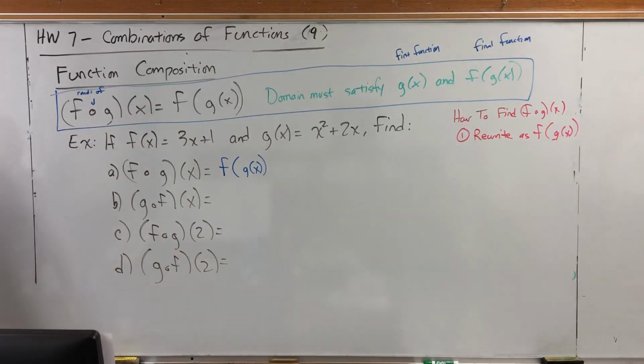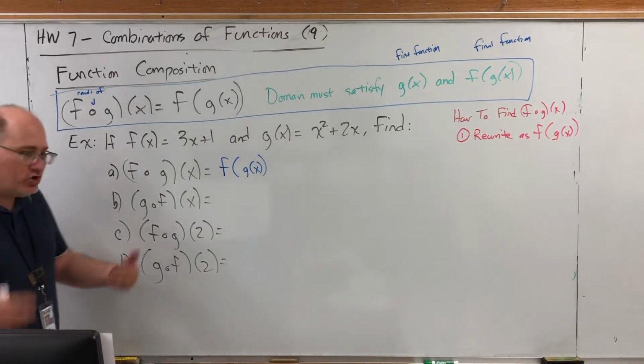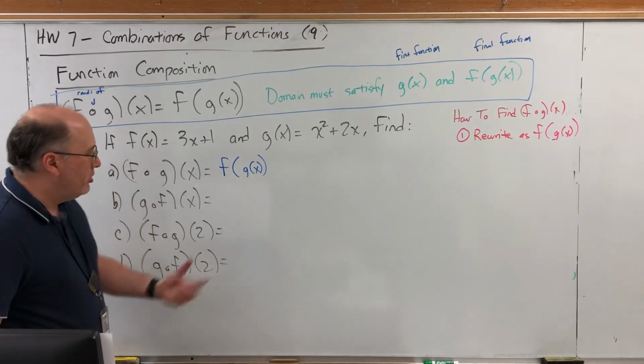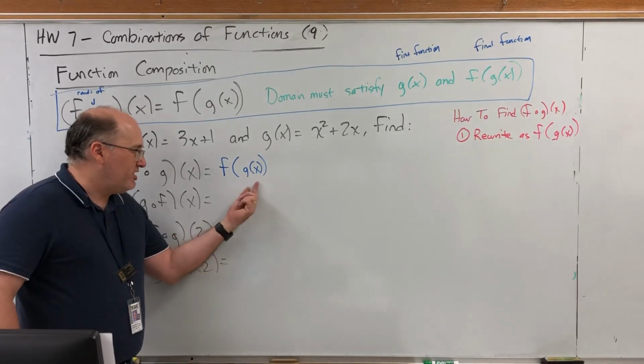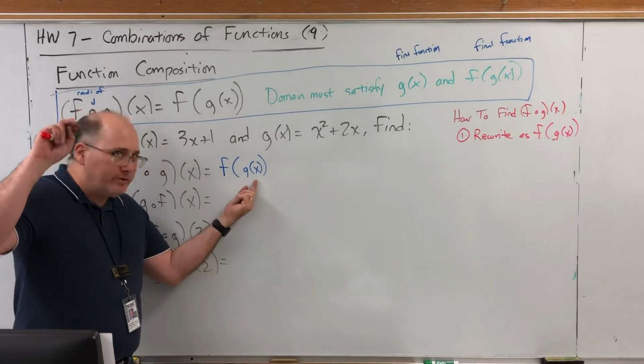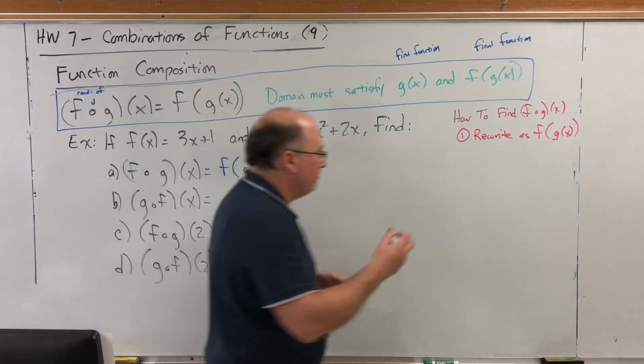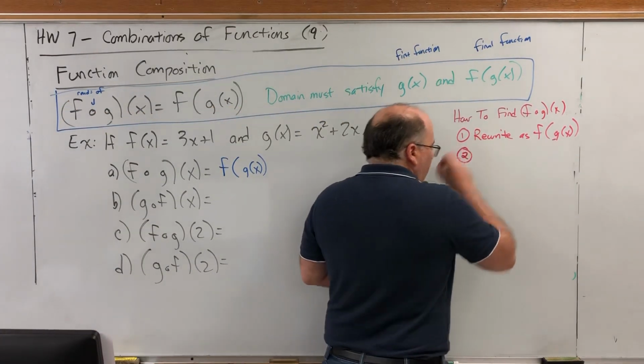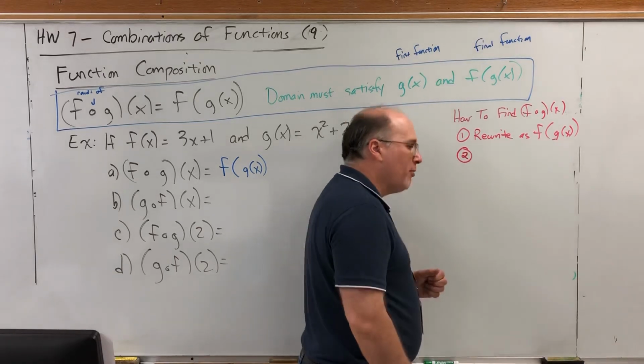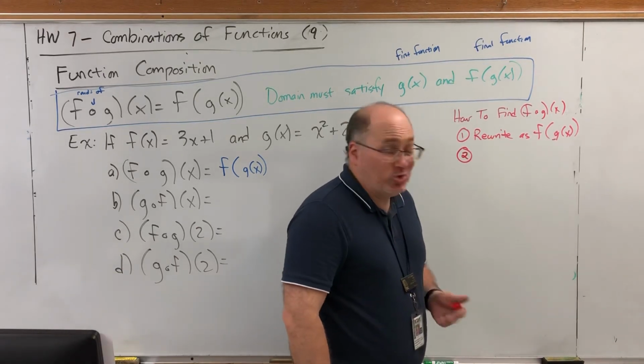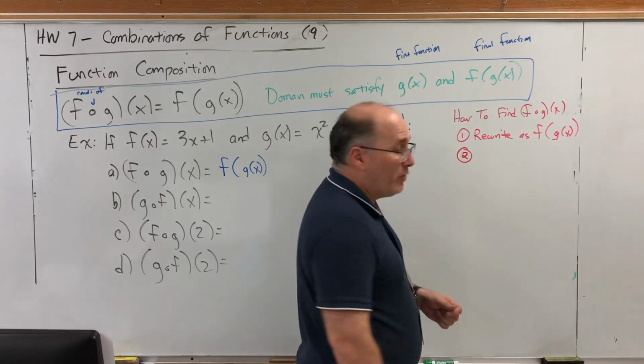Now, we have parentheses, and that usually means go inside and do that first. So we're going to go inside these parentheses and quote unquote do g of x next. Now, how do we do the function without a number to put into it? The answer is we don't, but we can replace it with what it equals.